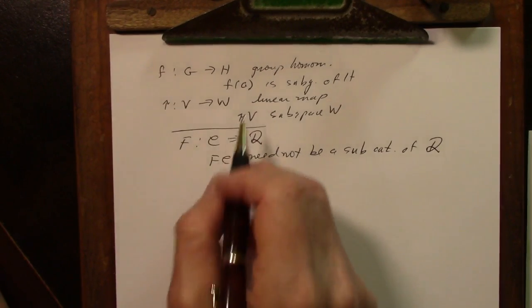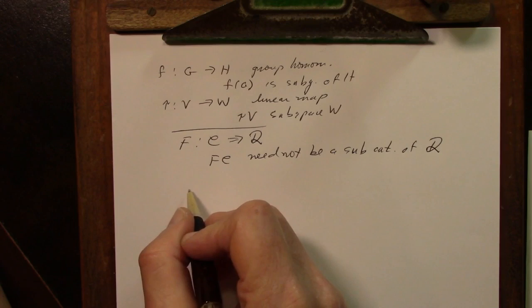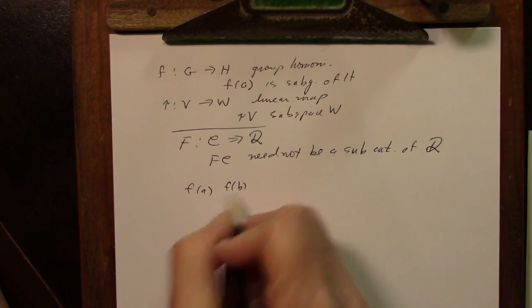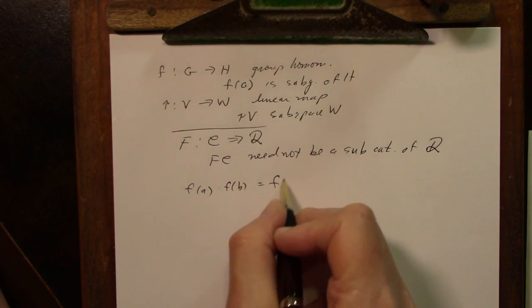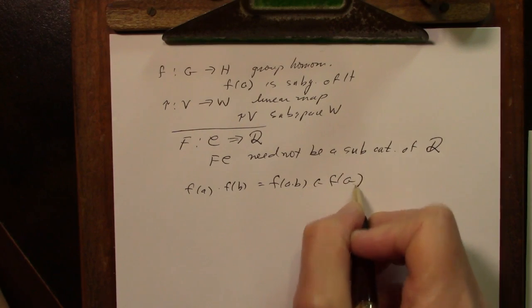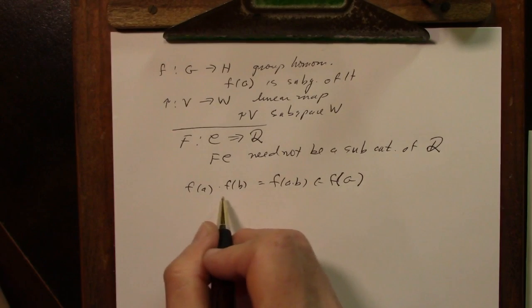What happens in the case, for example, of group homomorphisms is that the image F(A), image F(B), this product being F(AB) will be in F of G. So that's closure under product, and inverses follow and so on.